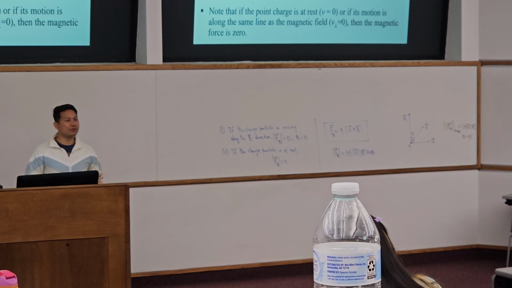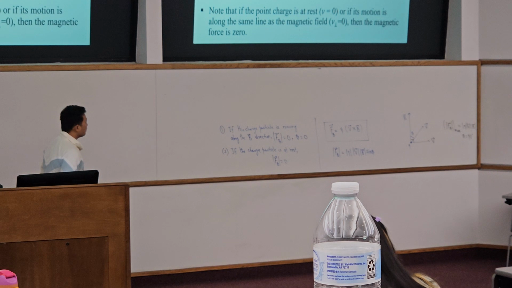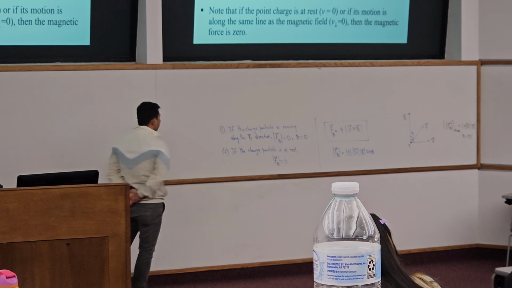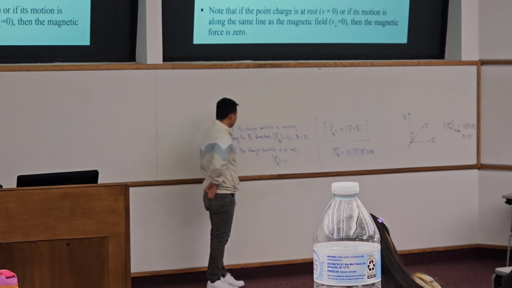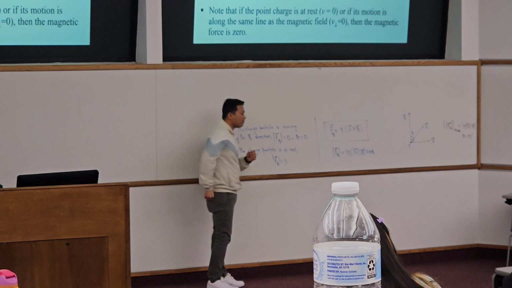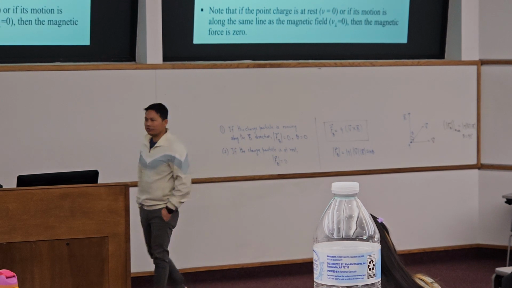Sometimes it becomes 0, sometimes it becomes maximum. If the charged particle is moving in the perpendicular direction, you have a maximum force. If the charged particle is moving along the field direction, theta will be 0 and you have 0 force. And if the charged particle is at rest, it will be 0 because the velocity will be 0.